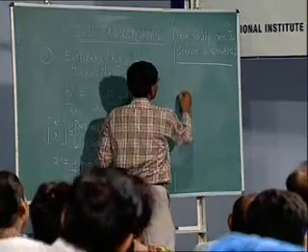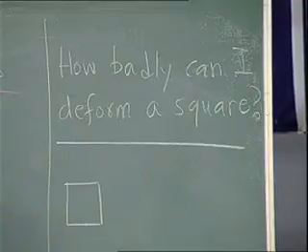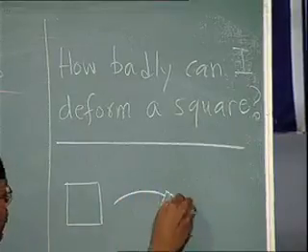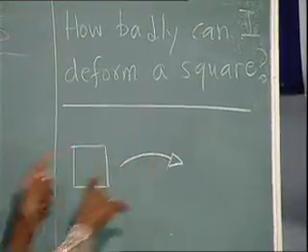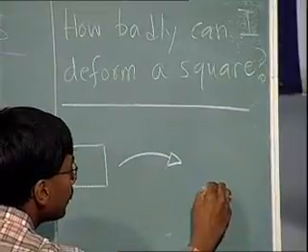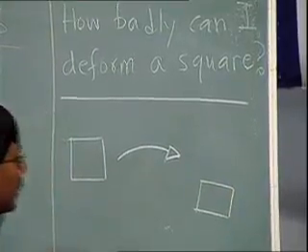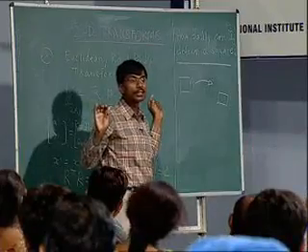So, if I have a square, my drawing is pretty bad, and if I apply a Euclidean transform to it, at worst क्या कर सकते हैं, इसको shift कर सकते हैं इधर उधर या rotate कर सकते हैं. So, one will get a shifted and rotated square, that is it, nothing more, nothing less. Alright.